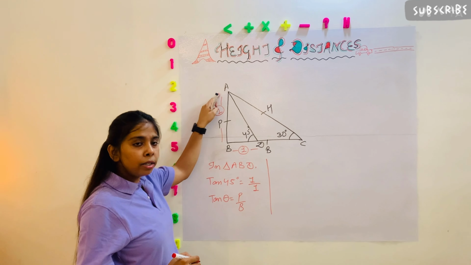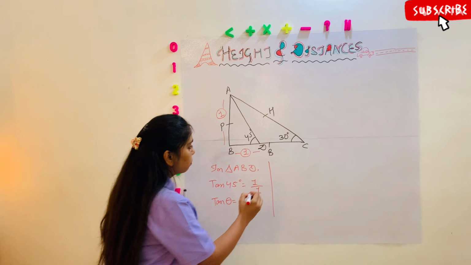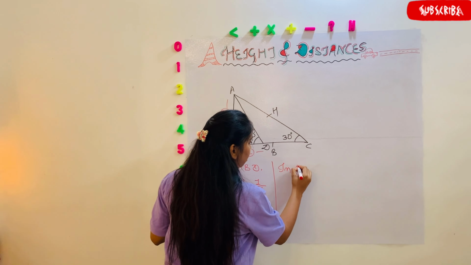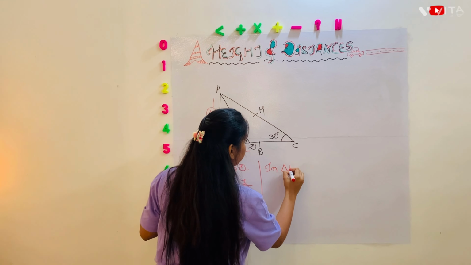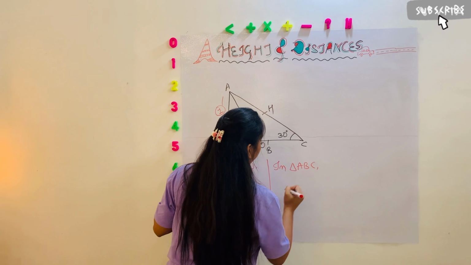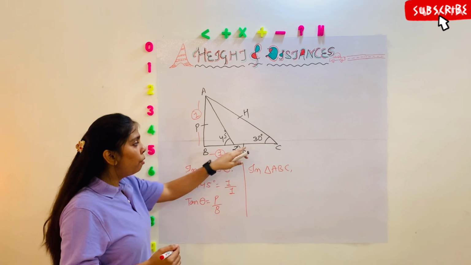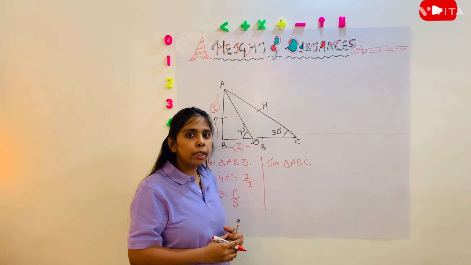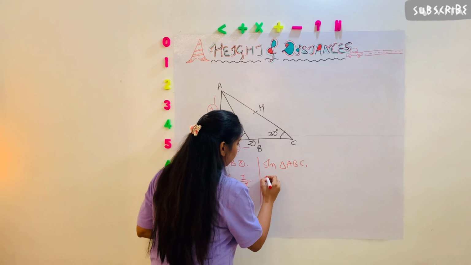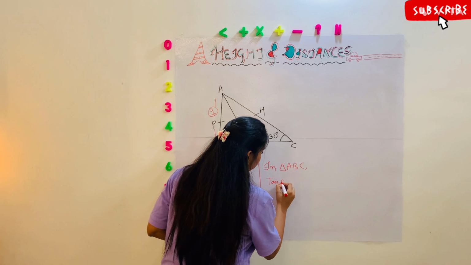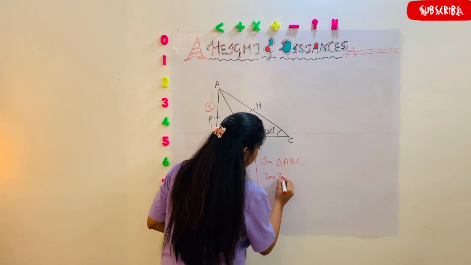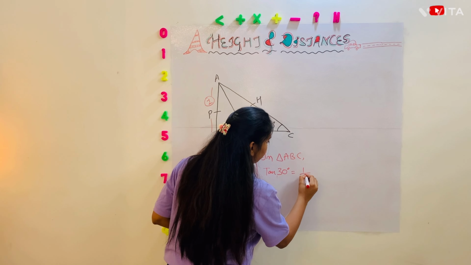Okay. And the second triangle is ABC. In triangle ABC, we have to find out the value of tan 30 degree. So the value of tan 30 degree is equal to 1 by root 3.